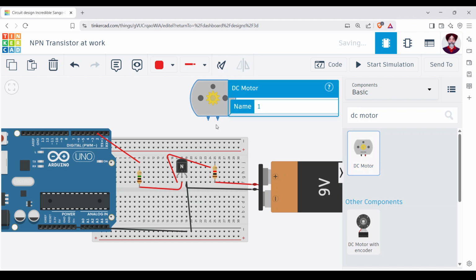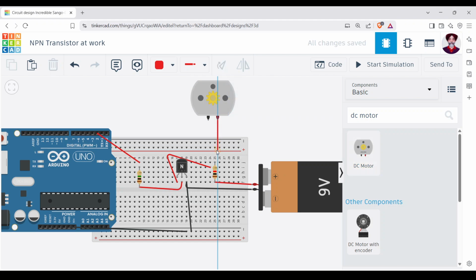So let us use a DC motor, and connect the positive to this and negative to this. So both of them are connected. Let's see what happens now. On, off, on, off, on, off, and so on and so forth.